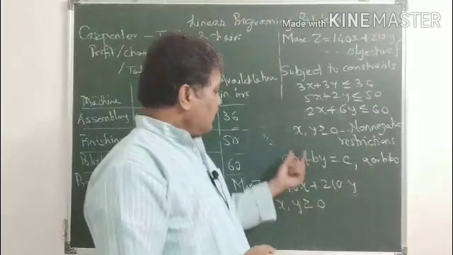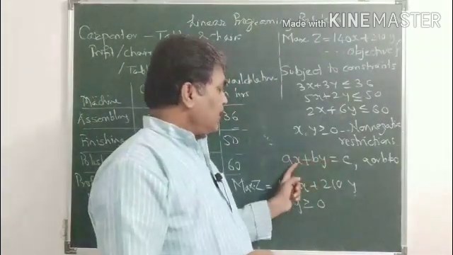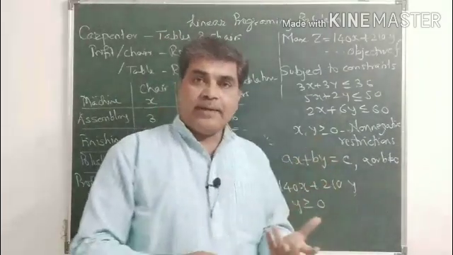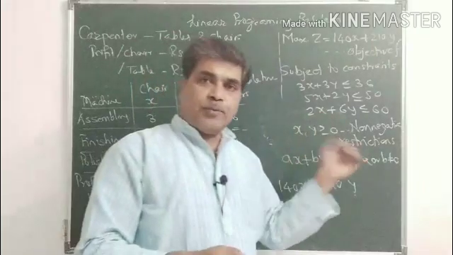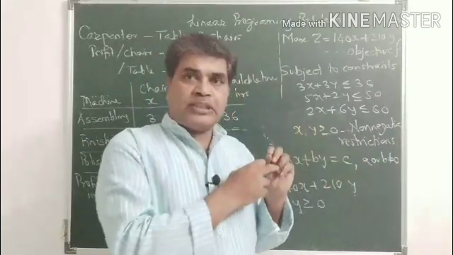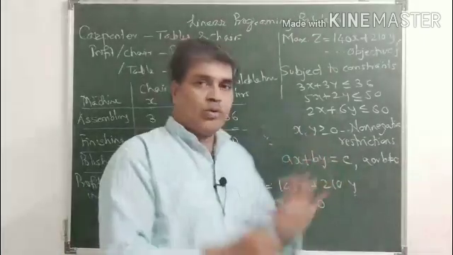Like that, take any value of x, put it there, compute the value of y and form the pair. Take that pair as one other point and draw the line passing through that point and the origin to get the graph of ax plus by equal to 0.